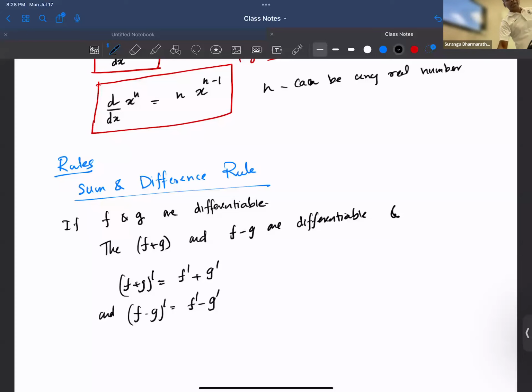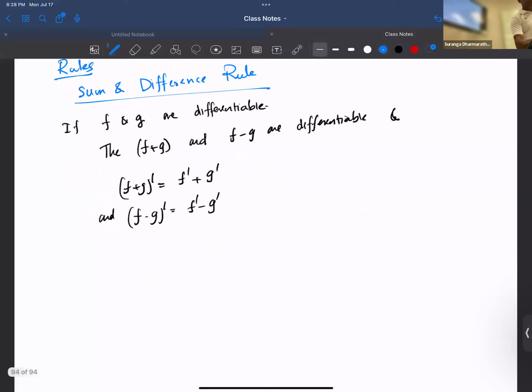And then the constant multiple rule. The second one is the constant multiple rule.